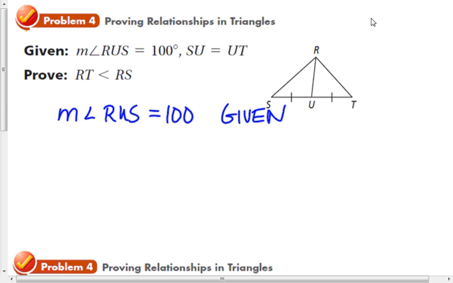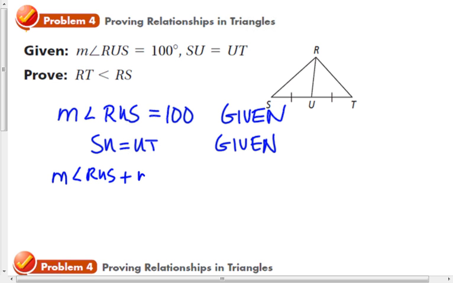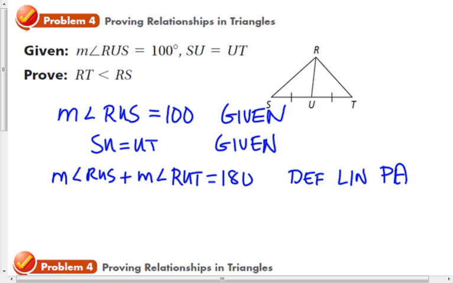And we also are given that SU is equal to UT. And we know that if we add these two angles up, measure of angle RUS plus the measure of angle RUT, that'll equal 180. And that's by definition of a linear pair, or the linear pair postulate. I'm going to say linear pair.